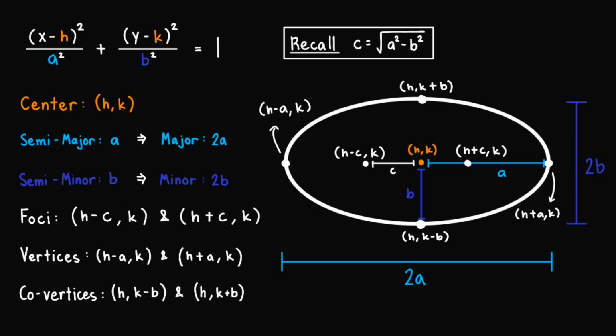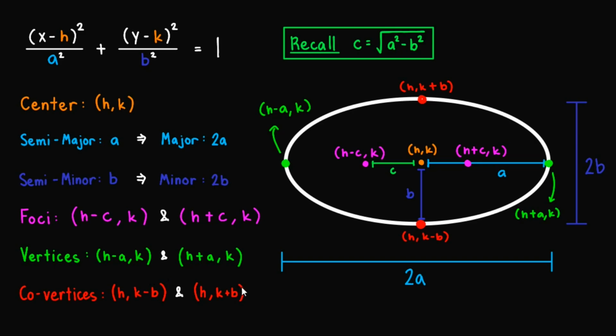For the last 3 parts, we obtain the foci by subtracting and adding the value c to the x-coordinate of the center, and we obtain the vertices by doing the same, but this time we're subtracting and adding the length of the semi-major axis to the x-coordinate. For the co-vertices, we subtract and add b to the y-coordinate, which is k, of the center. And so that is how we obtain the parts of an ellipse from its equation.